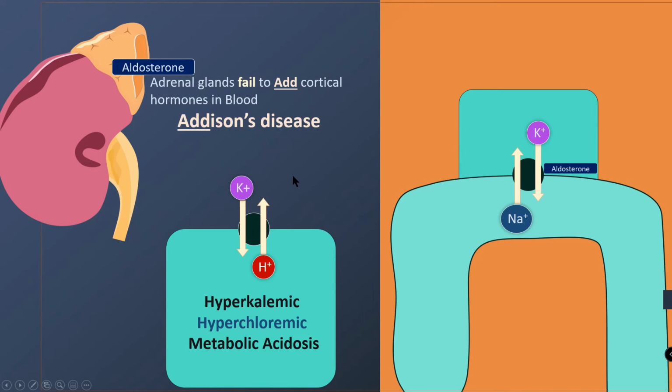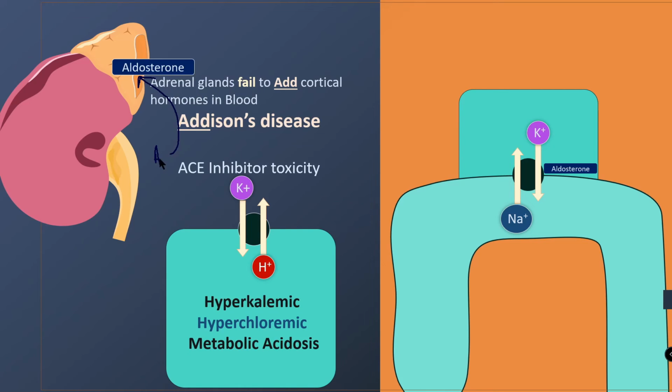So, Addison disease, and another condition is due to ACE inhibitor toxicity, angiotensin converting enzyme inhibitor toxicity, for example, captopril. So how can ACE inhibitor toxicity lead to hyperkalemic, hyperchloremic metabolic acidosis? What do you think? Yeah, excellent. Angiotensin 2 directly causes increased secretion of aldosterone.